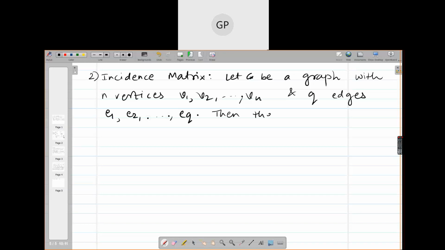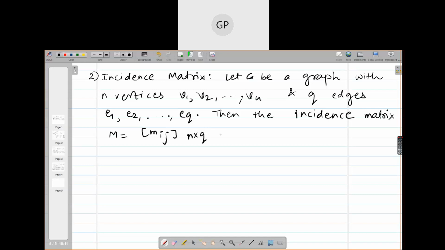Then the incidence matrix M is equal to Mij. This is an n cross q matrix. It has n rows because row wise we are going to write vertices and column wise edges. So n rows and q columns.